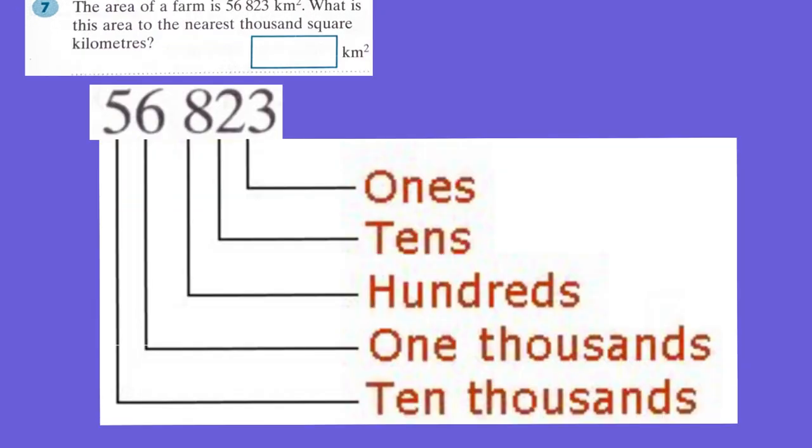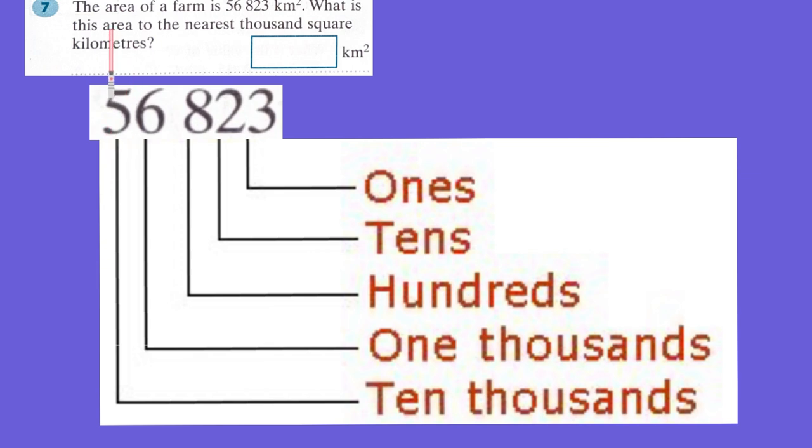All right, I added the place values here for you, but you will not have this at NAPLAN tests. You need to know this: the last digit is ones, 2 represents tens, 8 represents hundreds, and the 6 represents 1,000, and the 5 represents 10,000.